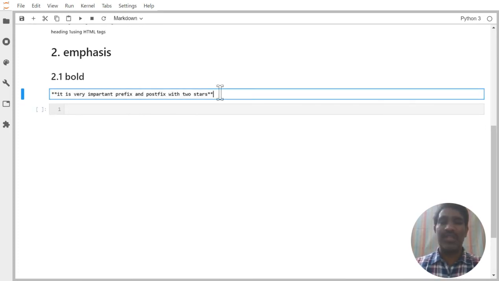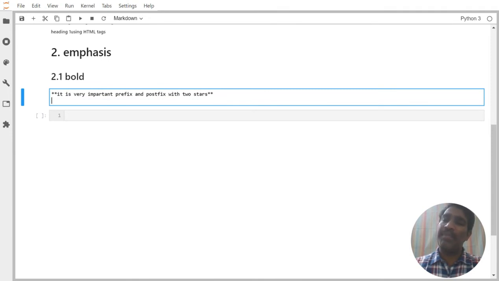Now suppose it is not very important, it is just important, let us say low important. Then we have to use a single star. Prefix and postfix with a single star.